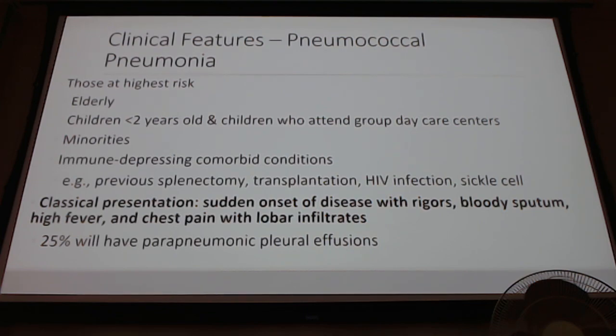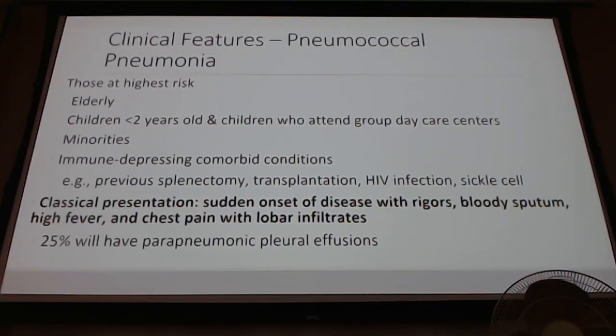All right, who's at the highest risk? And this is how we stratify some of our treatment. We look at the risk because we don't know what the bug is, so we look at some risk factors and stratify them into whether we think they're the highest risk, the lower risk, whether we can treat them as outpatient. But like everything else, the really young and the really old are always an at-risk population.